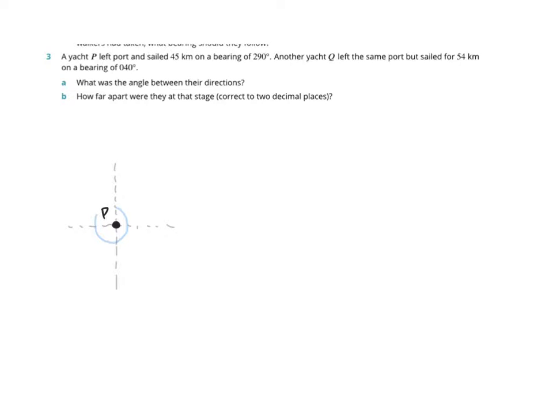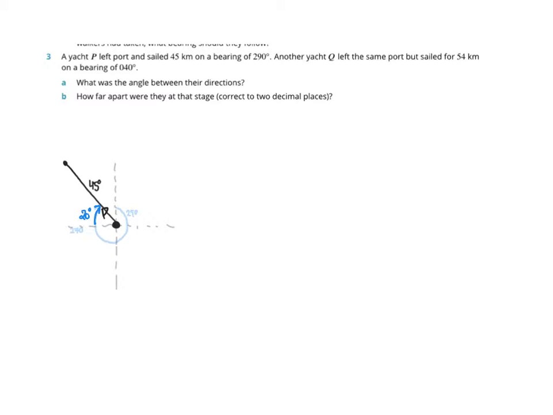So we're going to say they went out along there to another point, and that was 45 kilometers. Now, if you know all the way around there was 290, to here is 270, so you definitely know that this little bit in here must be 20 degrees, just things that might help later.